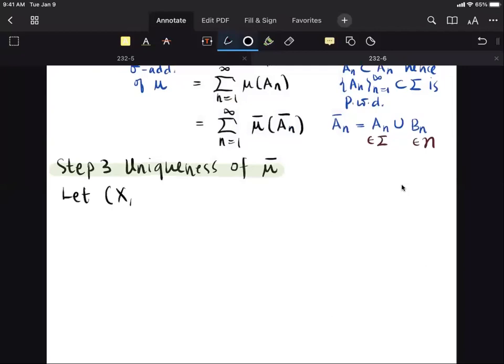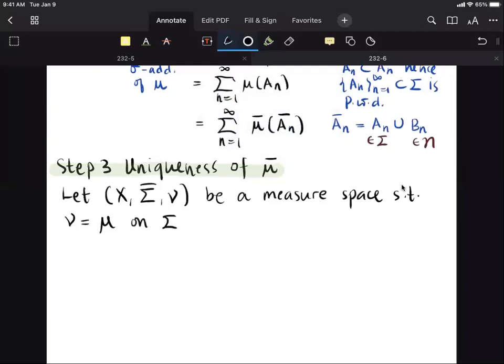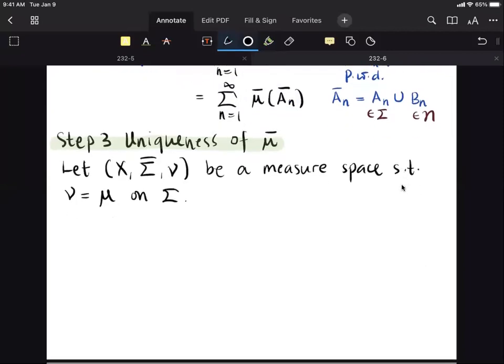So let us consider a measure space such that nu is equal to mu on sigma. Suppose you have another extension.